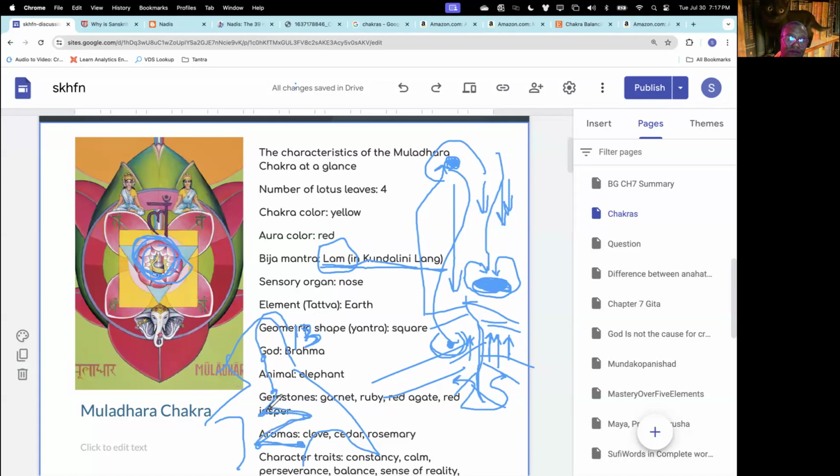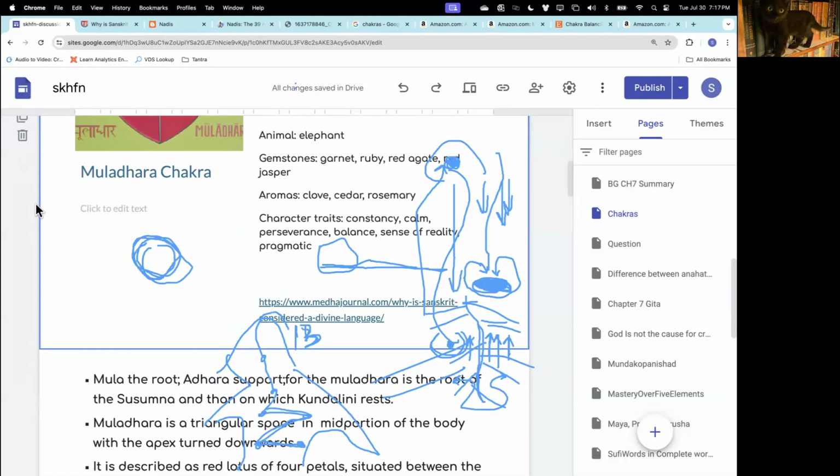Same thing here. It's a frontal point. So what's happening here? The energy which is coming down the chakra, or from the Sahasrara, from the top, the energy is coming down.